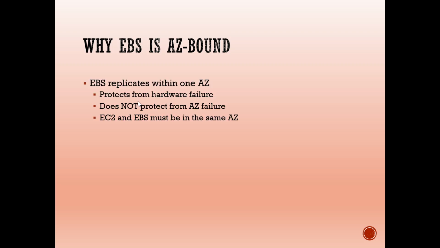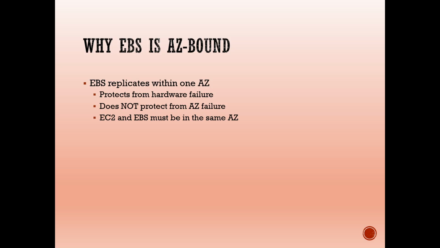Next slide, why is EBS bound to an availability zone? Every EBS volume is tied to one availability zone, and each EC2 instance must also be in the same availability zone. Here we are talking about a single availability zone architecture.